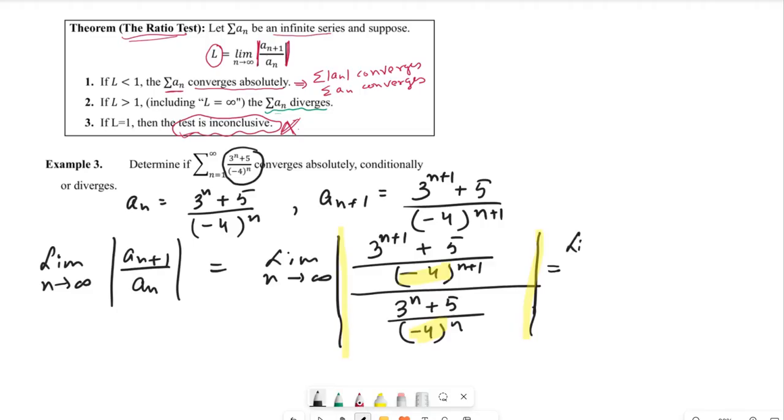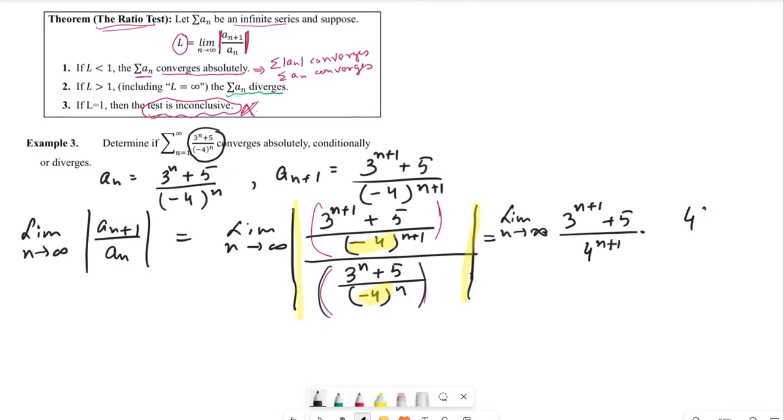So what I can write is, I can take away the negatives first of all. Secondly, this is a fraction divided by another fraction. What does that mean? The top fraction, which is (3^(n+1) + 5) divided by 4^(n+1), times the denominator fraction but flipped.